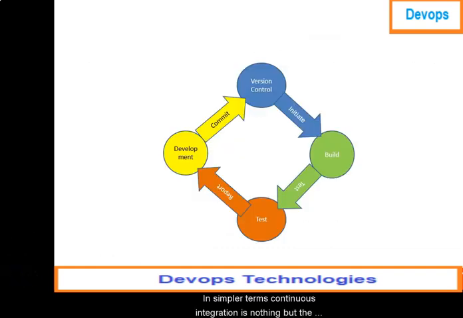In similar terms, continuous integration is nothing but the practice of continuously integrating the changes made to the project and then testing them accordingly, at least on a daily basis or more frequently. Automating your build, test, and deploy processes can alleviate many problems commonly happening on projects.